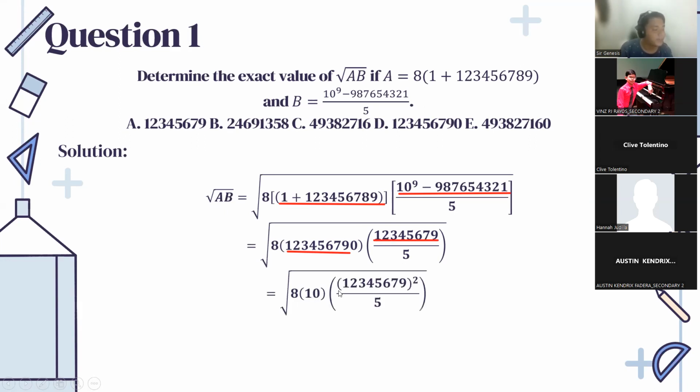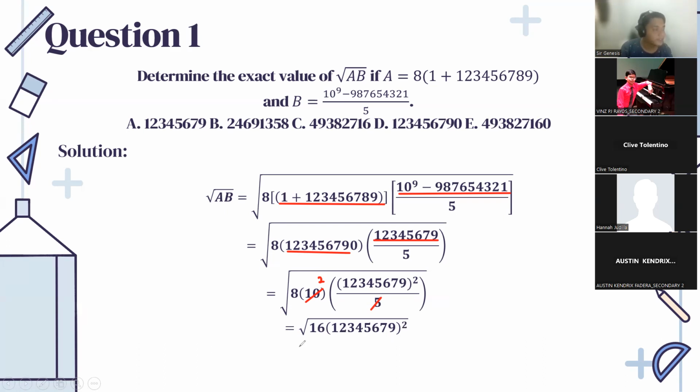After we factored out 10, we already got a perfect square value and then divided by 5. We can just divide 10 by 5, which is 2. Which will give us square root of 16 multiplied to 1, 2, 3, 4, 5, 6, 7, 9 squared.